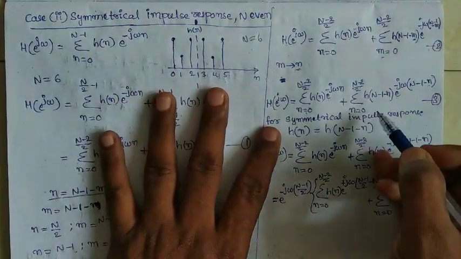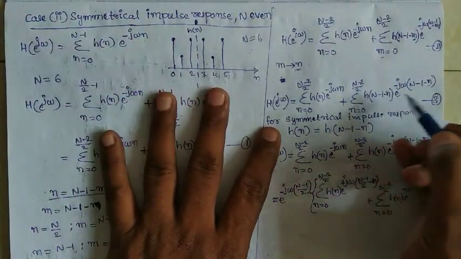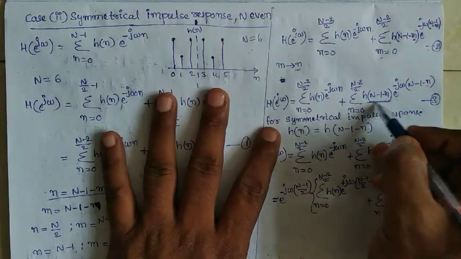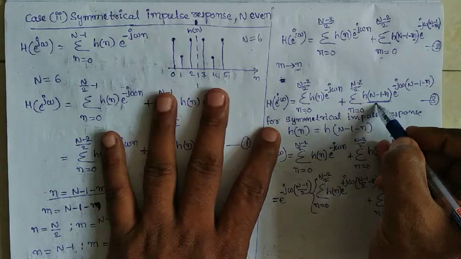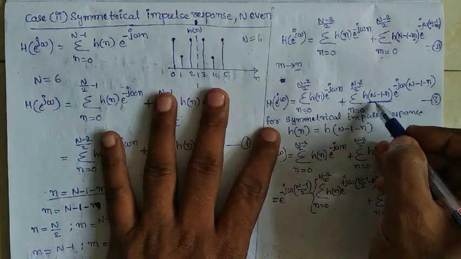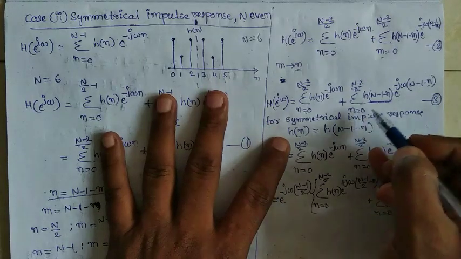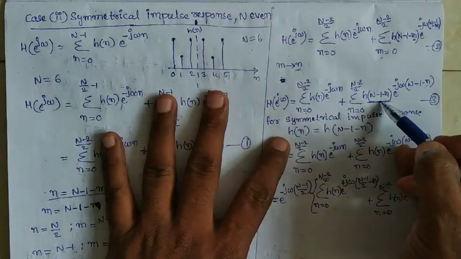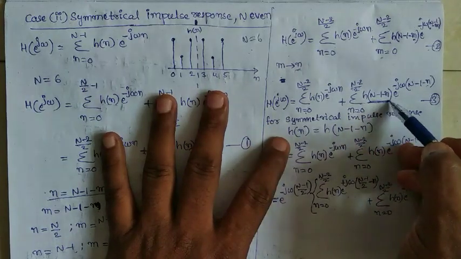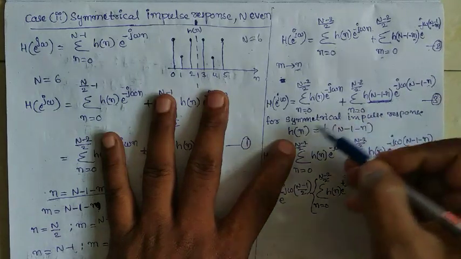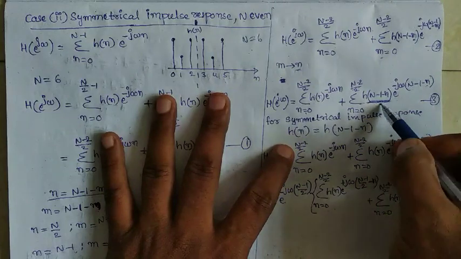For symmetrical impulse response, h of capital N minus 1 minus n is equal to what? h of n. For symmetrical impulse response, h of capital N minus 1 minus n is equal to h of n. Here we are replacing this h of capital N minus 1 minus n by h of n in the second summation.